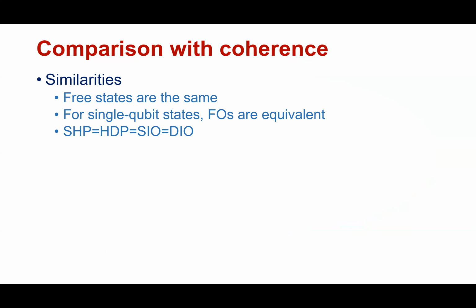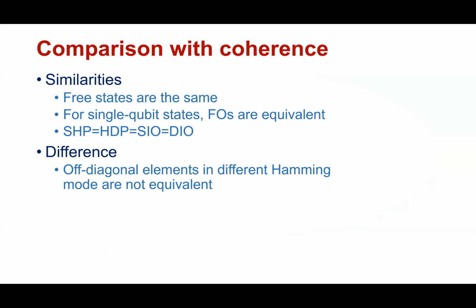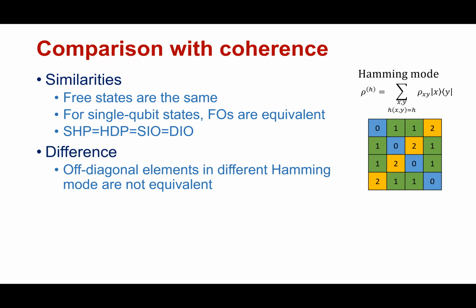So there are a lot of similarities between our resource theory and coherence theory. But there is an essential difference: the off-diagonal elements in coherence theory are usually taken as equivalent, but they are different in our resource theory.